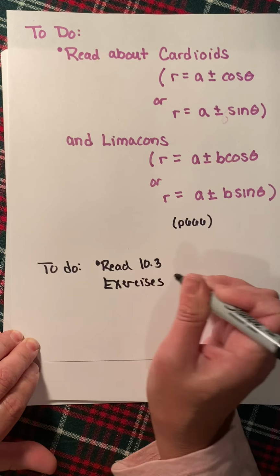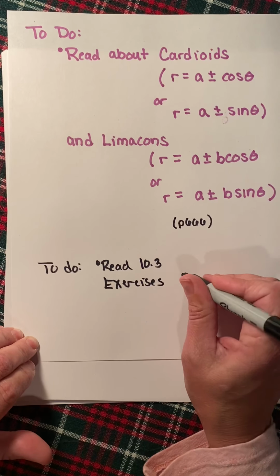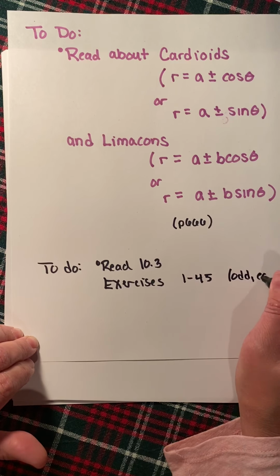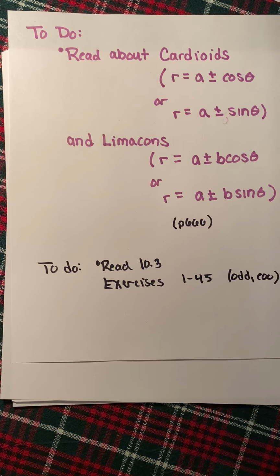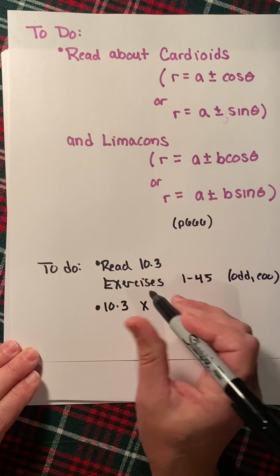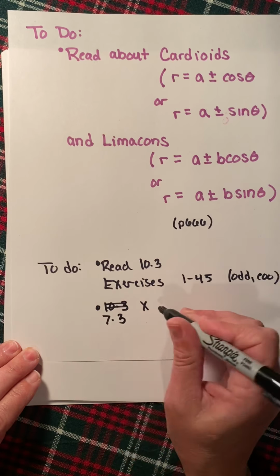Well, the more you do, the better you'll get at them. 1 to 45, I say odd, every other odd, whatever works for you. Okay, and then you have your 10.3. Oh, no, it's not 10.3. I think it's 7.3.